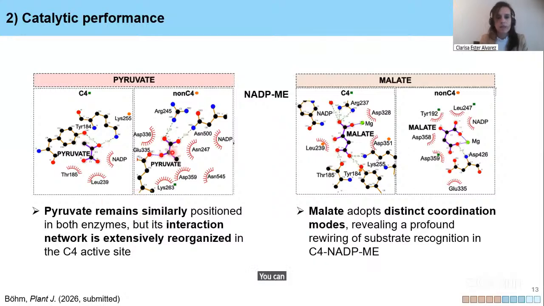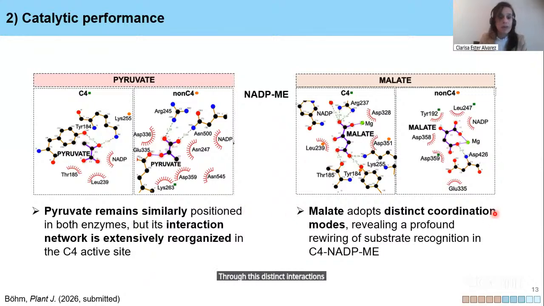You can see here, in the C4 enzyme, pyruvate is mainly stabilized by a lysine and tyrosine pair that was previously reported as a catalytic pair relevant in human malic enzymes, while non-C4 enzymes use a different set of interactions. Therefore, even though both enzymes bind the same product, they do so through distinct interactions.